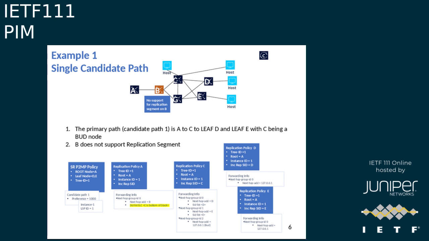Another point I want to bring up is that previously we mentioned that two replication segments could be disjoint from each other, and could be connected via a unicast SR policy, whether it's MPLS or SRv6, beside the point. So there could be a unicast SR policy that connects the two replication segments, and in that case, the replication segment label itself is at the bottom of the stack.